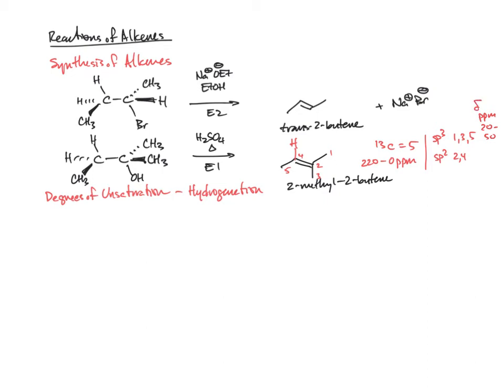So what about sp2 of the double bond? Where do those occur? So Cole says 100 to 150.